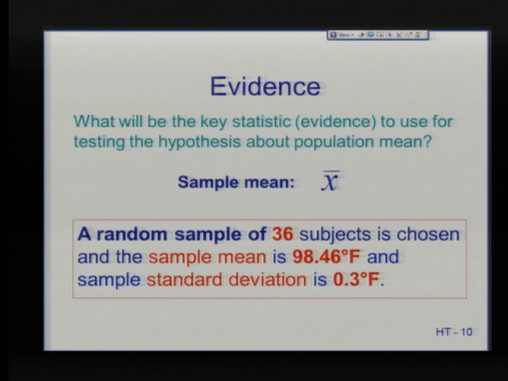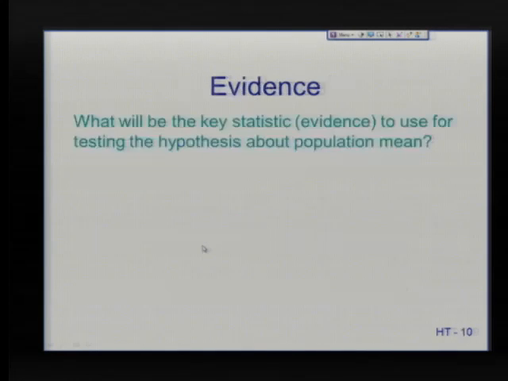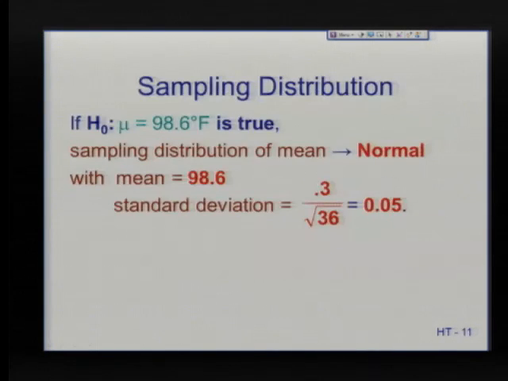How do I test this hypothesis? And this is similar to all hypothesis testing procedures. While you're testing this hypothesis, first you want to assume that this null hypothesis is true. The null hypothesis says the mean is 98.6, right? So we first assume the null hypothesis is true. So if the null hypothesis is true, what's the sampling distribution of the mean?